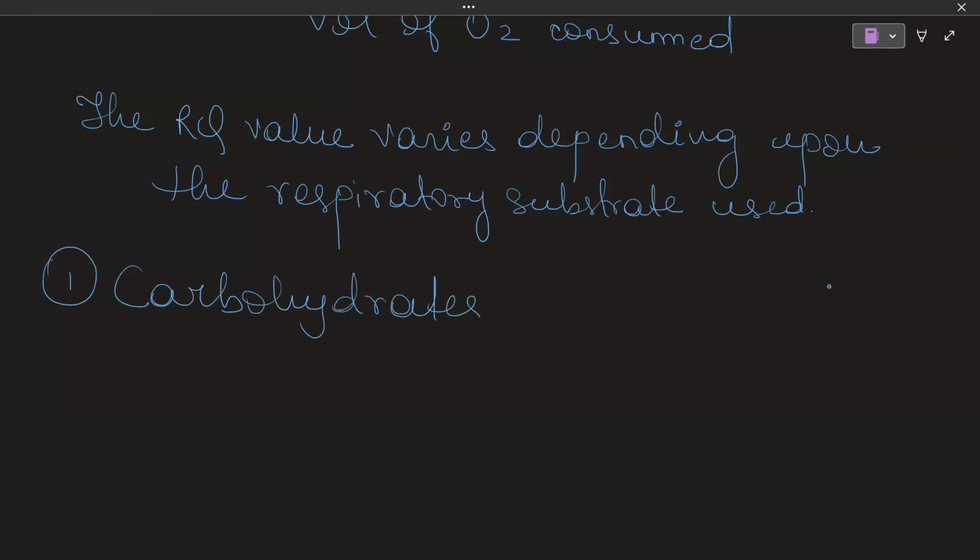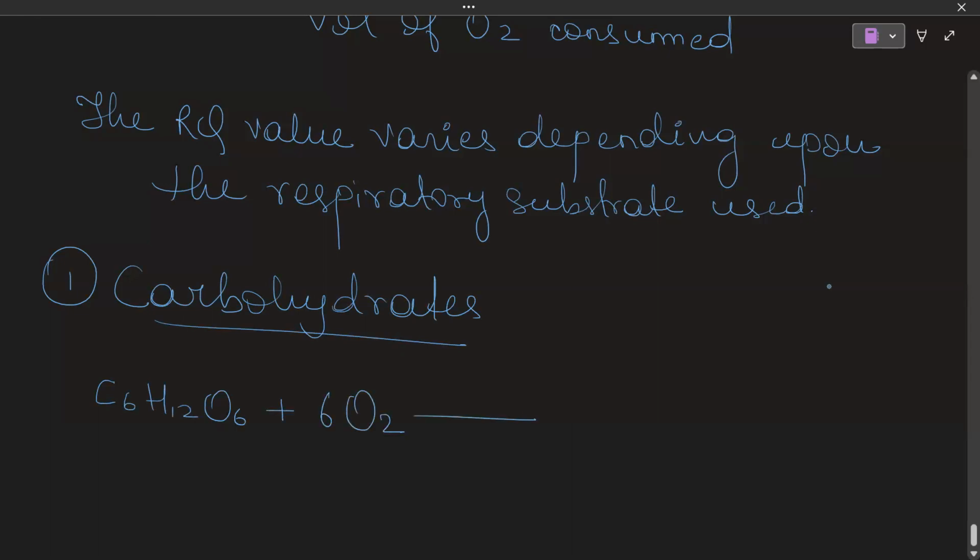Now when carbohydrates are being used, let us look at the equation. C6H12O6, this is glucose, which is a carbohydrate, plus 6 molecules of O2. We are using 6 oxygen molecules and giving out 6 CO2 plus 6 H2O plus energy.